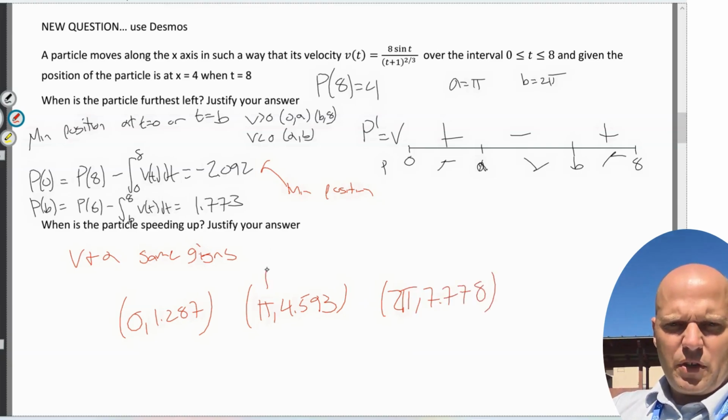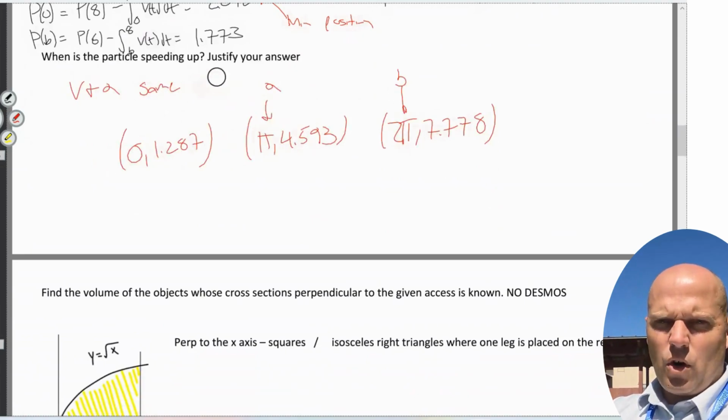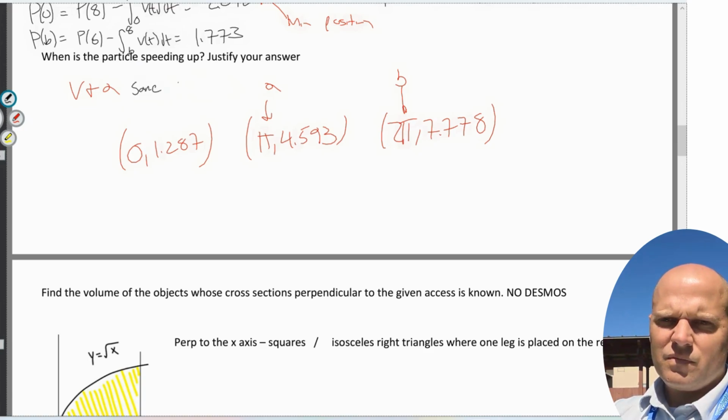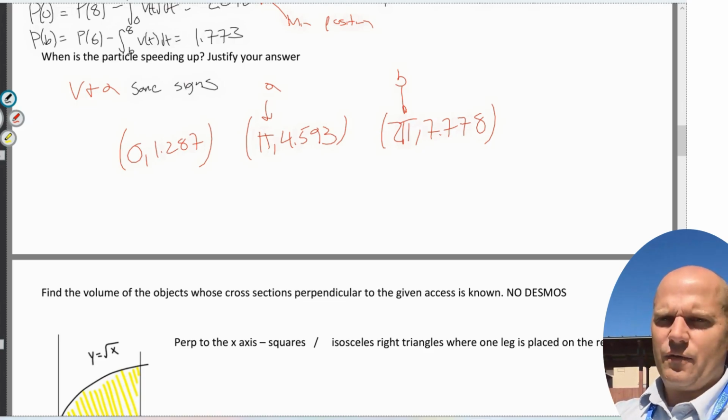Obviously you can replace these with A and B. So V and A have the same signs, or we're talking about velocity getting further away from zero.